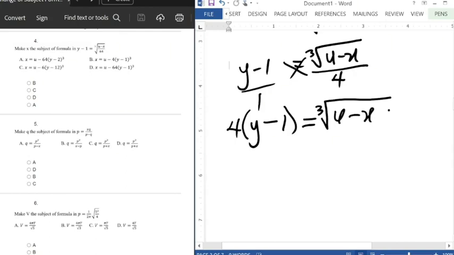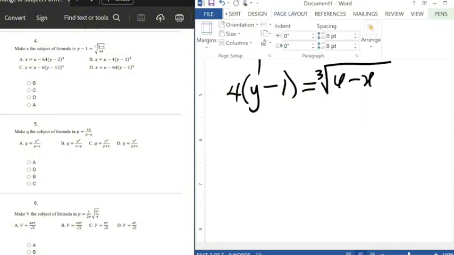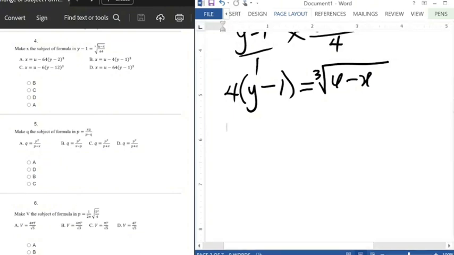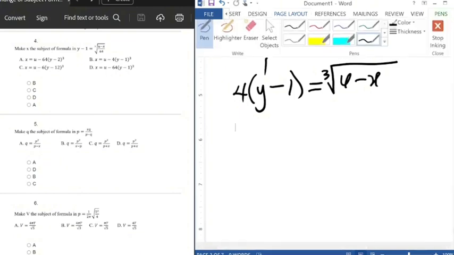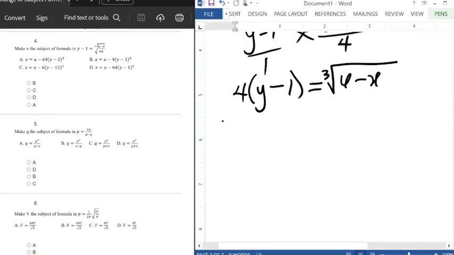So don't forget that what we are looking for is, we want to make x the subject of the formula, right? What is covering x here is the cube root. So the next thing is for us to remove the cube root, and the opposite of cube root is cube. So therefore we're going to cube both sides.